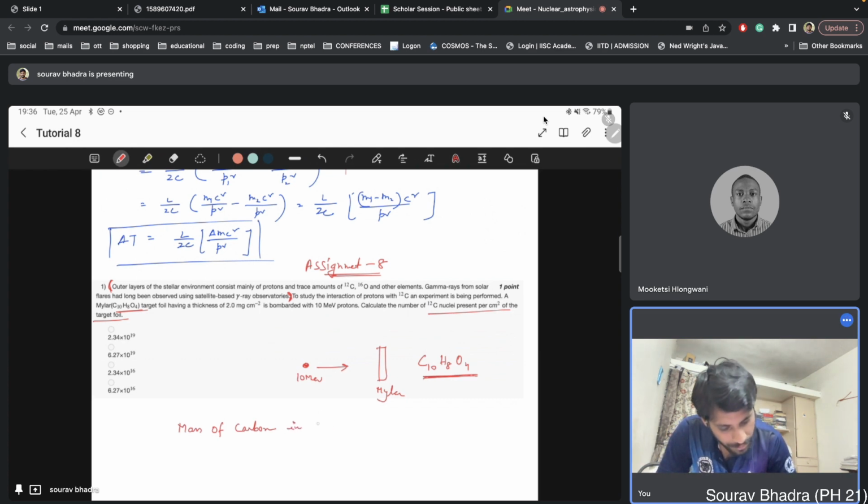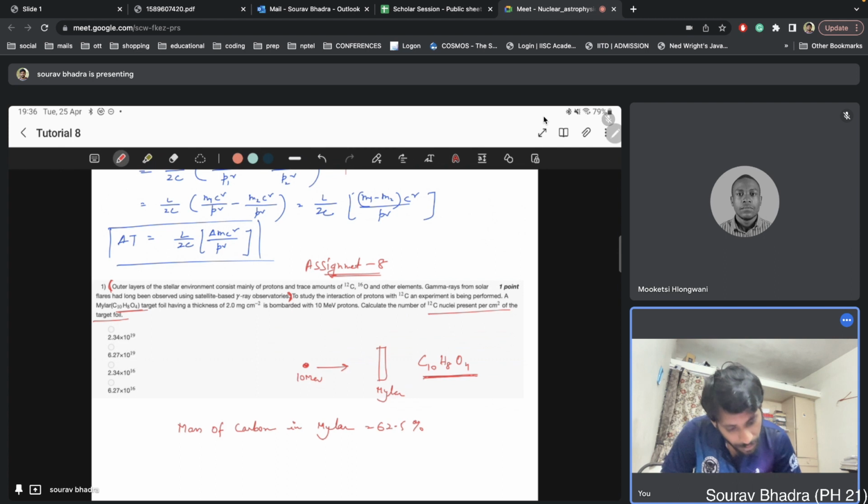This will become 10 times 12 plus 8 times 1 plus 16 times 4. This will be the total mass, out of which 120 is the mass of the carbon itself. All this I am talking in AMU unit. From that you will get 62.5% is carbon.